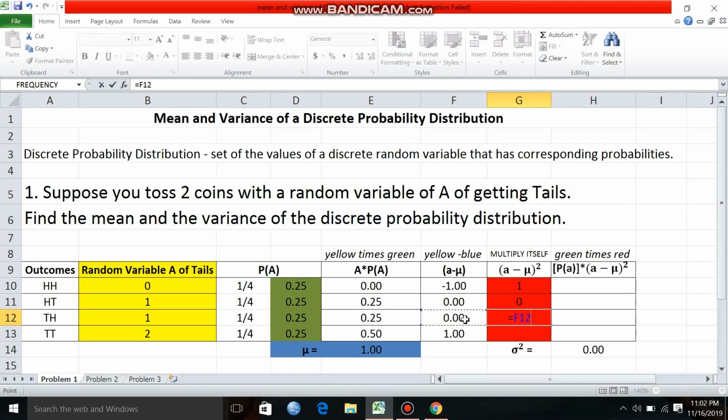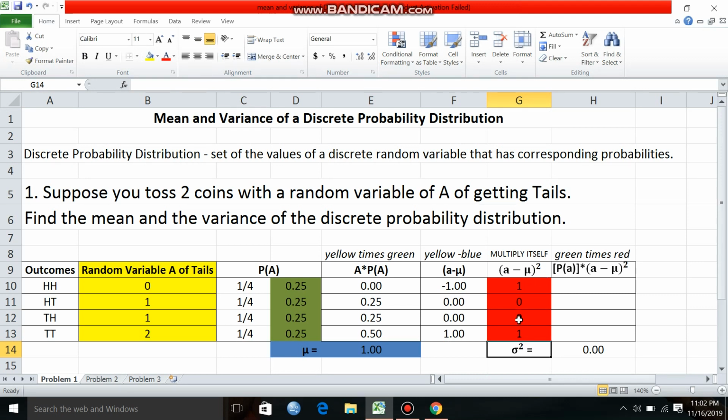This is also 0 times itself, which is 0. And finally, 1 times itself is 1.